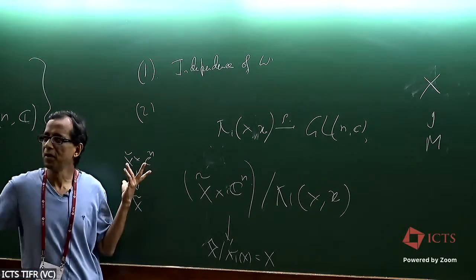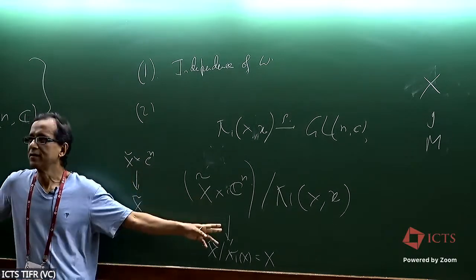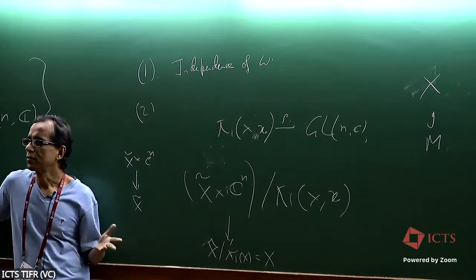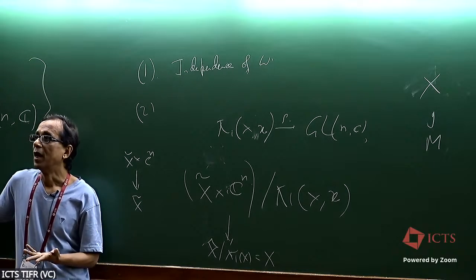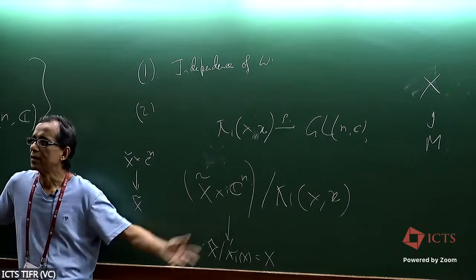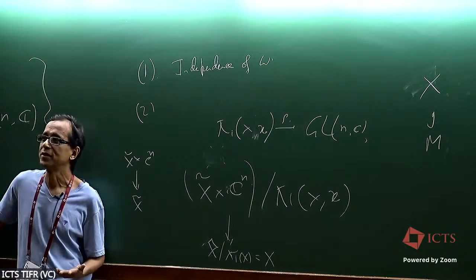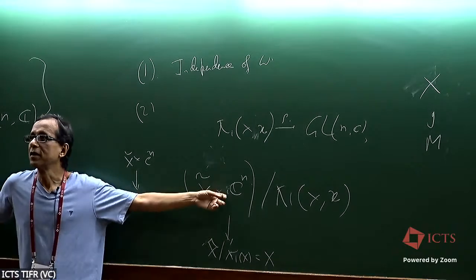This is a trivial bundle with a trivial connection. By this action, the trivialization is destroyed, because the trivialization is not preserved by this action. But constant sections go to constant sections. So the flat connection is preserved, and the quotient comes with a flat connection.